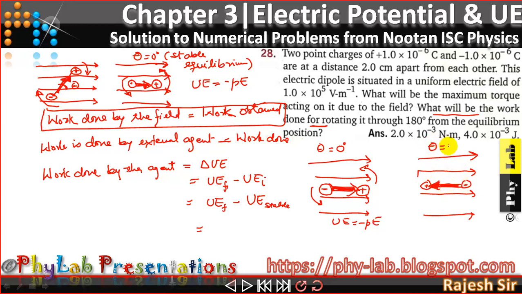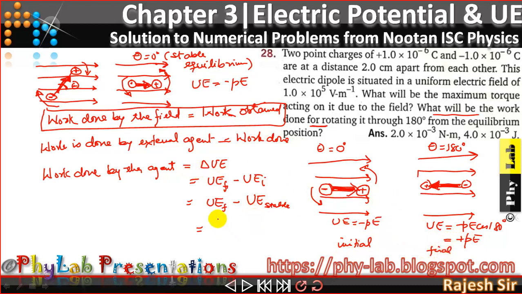So theta will now be equal to 180 degrees, and this is the position of unstable equilibrium, and here the potential energy will be minus PE cos of 180 degrees, and cos 180 degrees is minus 1, so that becomes plus PE. So this is my initial orientation and this becomes my final orientation.